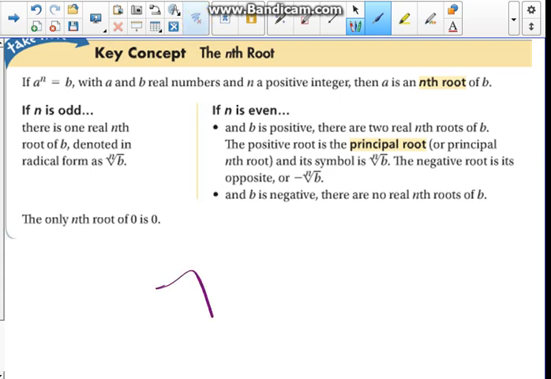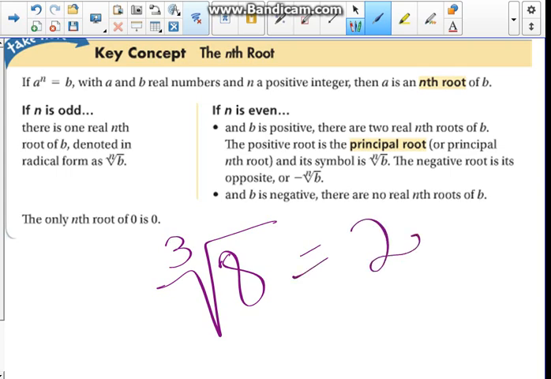So, if it's odd, let's do this one, then there's only one answer. It could be negative, like negative 2. So there's just one answer if the index is odd.